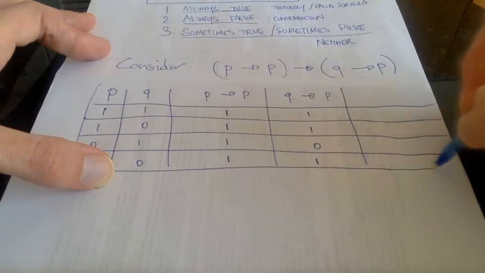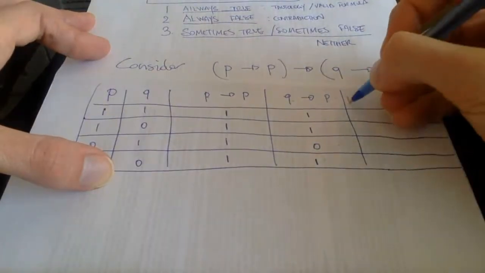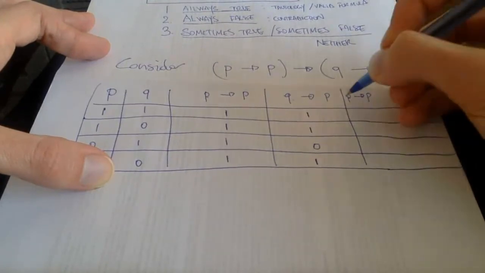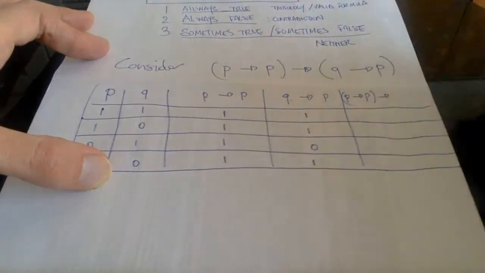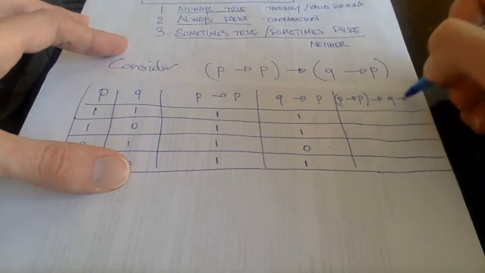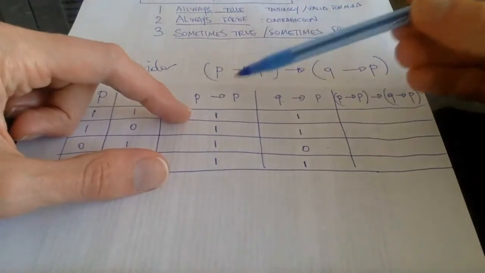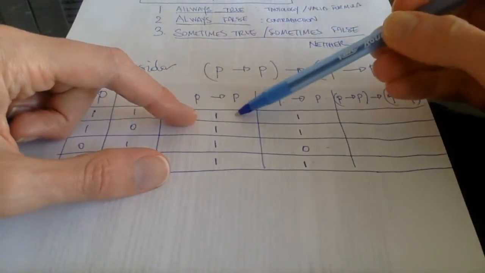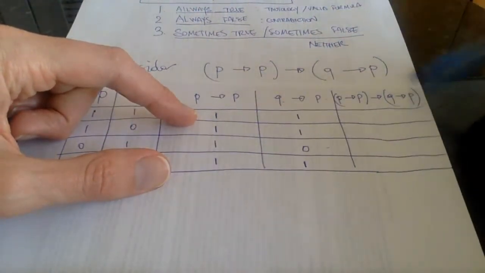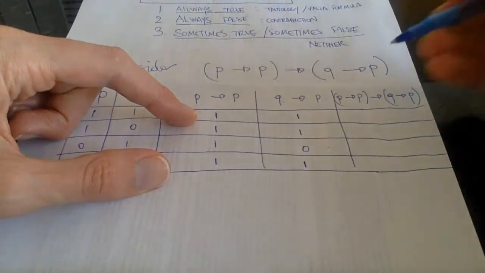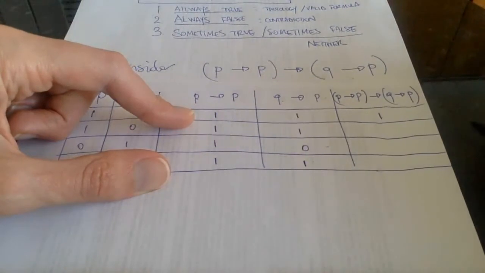Okay. So the next thing we need to do, we need to consider the whole formula. So P implies P, and then implies Q implies P. So we have that P implies P has value 1, and Q implies P has value 1 as well. So the whole formula here should have value 1.